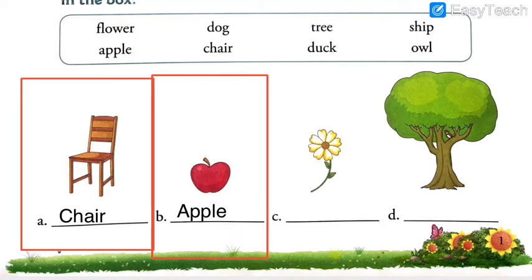Again, for those who are writing in the rough book, those who are not having the textbook, please write answer B, apple. A-P-P-L-E, apple. I hope students you are solving this. Many of you have already solved it. Though if you have solved it once in your textbook, again you have to write it down in your rough book.